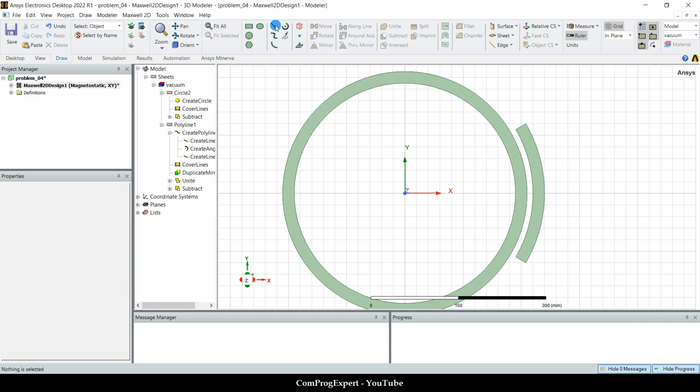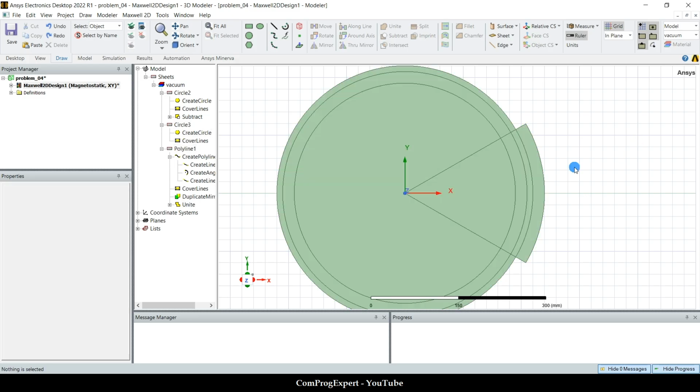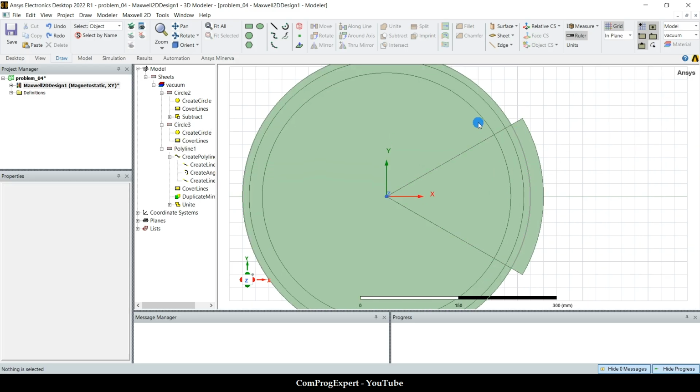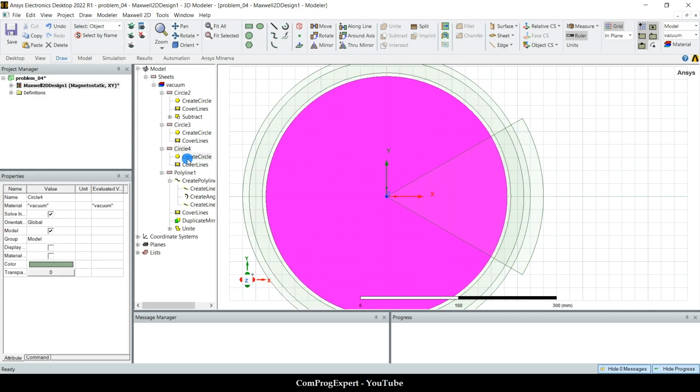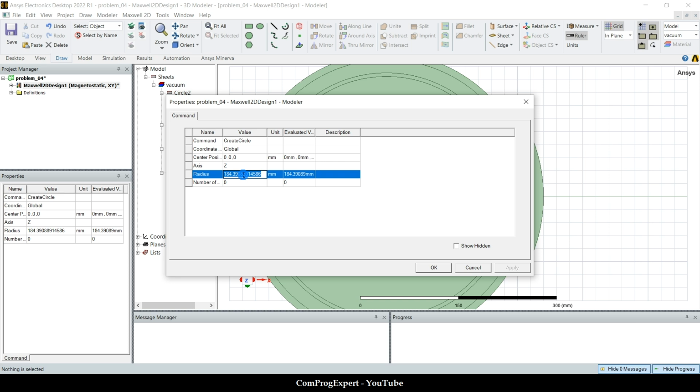I can calculate another one using the same procedure. Okay, or I can consider a more smart method. So let's do the Control Z. Here, instead of this subtraction, I can draw another circle, set the radius equal to R1 minus 1 centimeter.